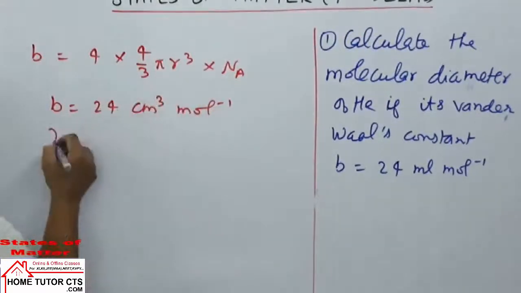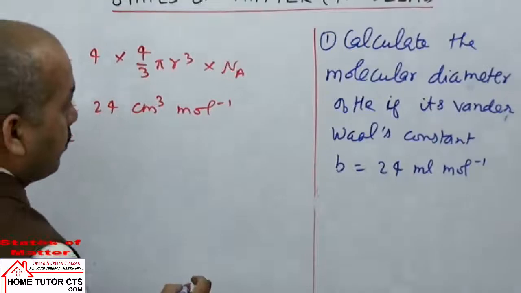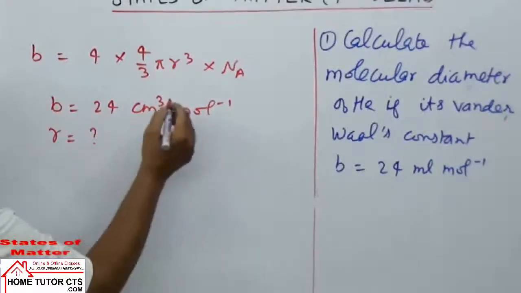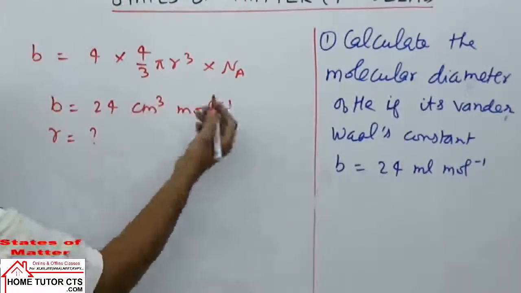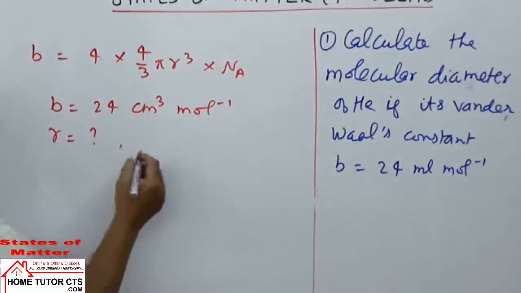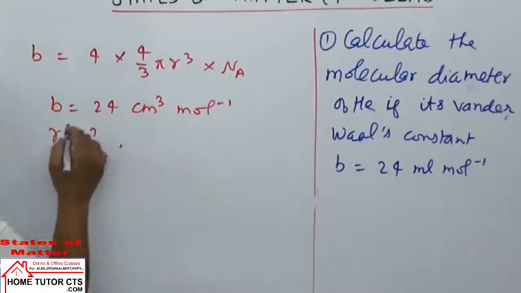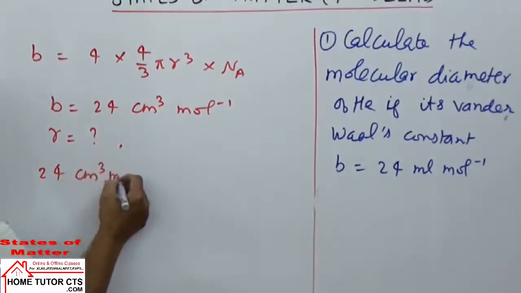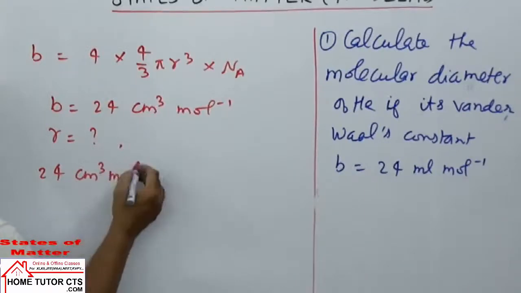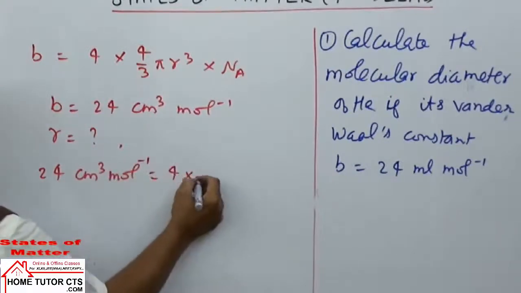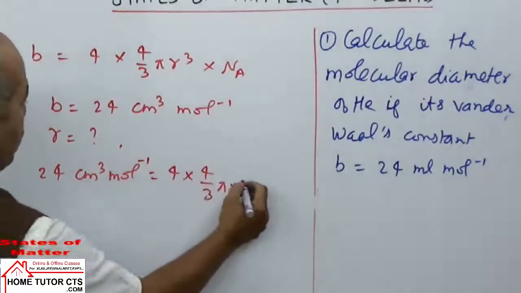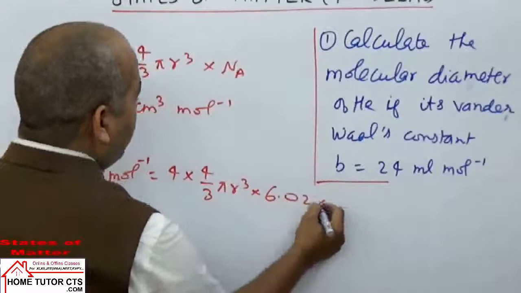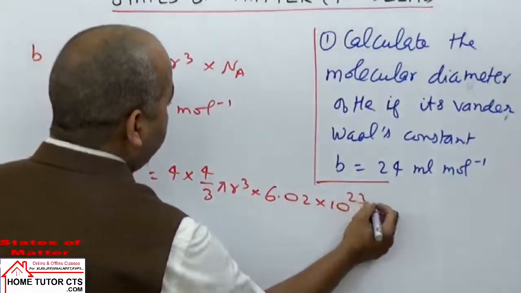Then R आपको दिया है diameter निकालना है, तो पहले रेडियस निकालेंगे आप यहाँ पर, और आपको दिया है Avogadro's number. Just put all the values. तो putting all the values here, 24 cubic centimeter per mole is equal to 4 into 4/3 pi r cube into Avogadro's number. Value given 6.02 into 10 to the power 23.